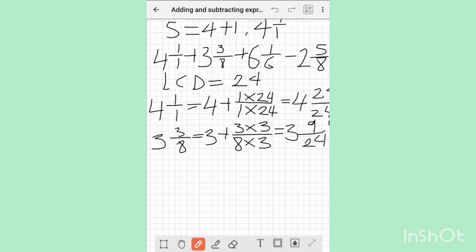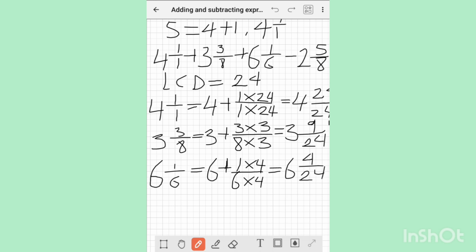The third fraction here is 6 whole 1 out of 6, which is equal to 6 whole plus, I multiply 6 by 4, so this is 1 multiplied by 4, and also 6 multiplied by 4. So here is 6 whole 4 out of 24. And the last fraction is a negative fraction.